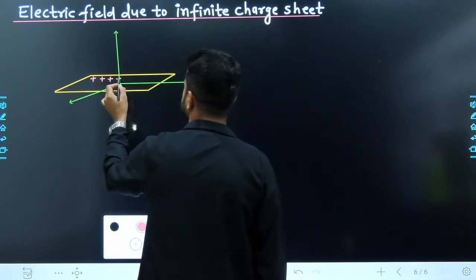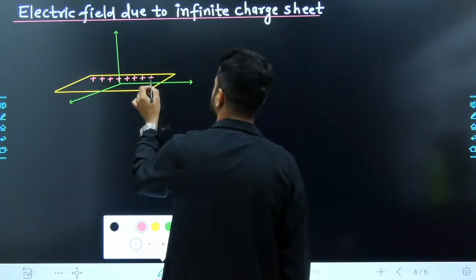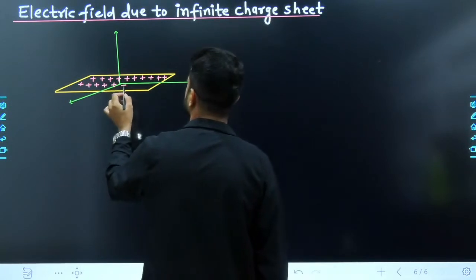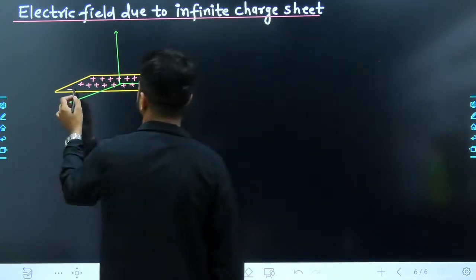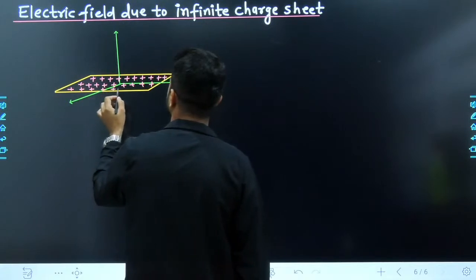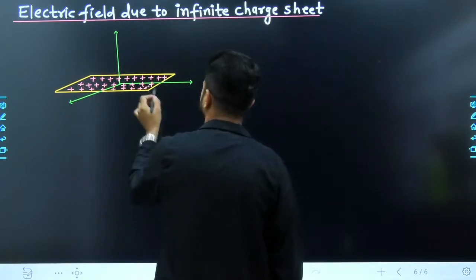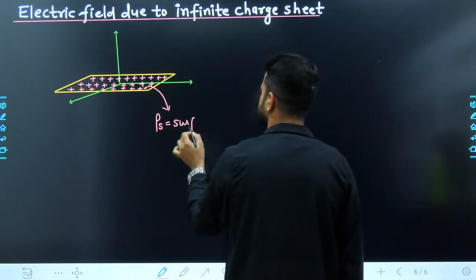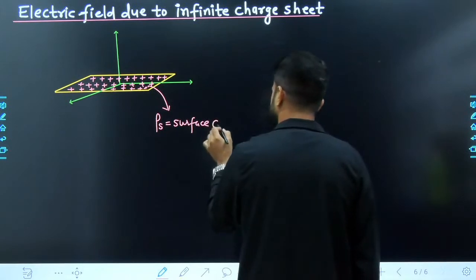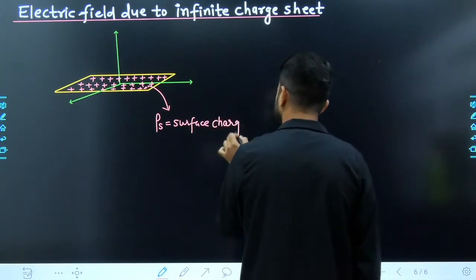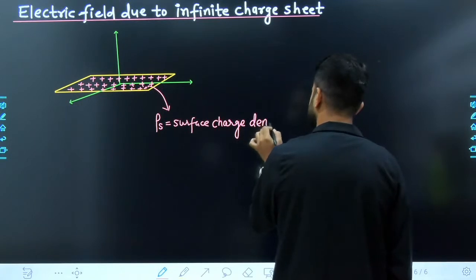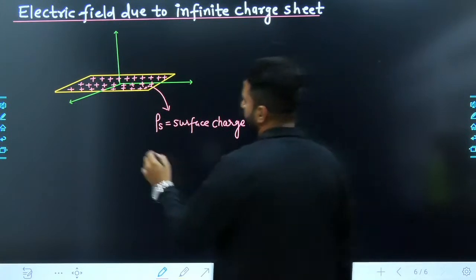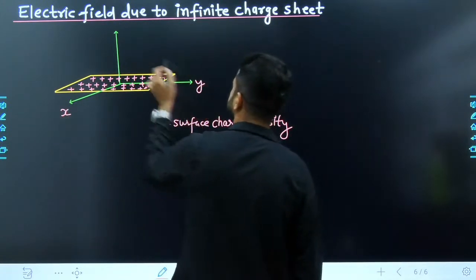This is the infinite charge sheet, and this is the surface charge density rho s. Now, this is the x-axis, this is the y-axis, this is the z-axis.